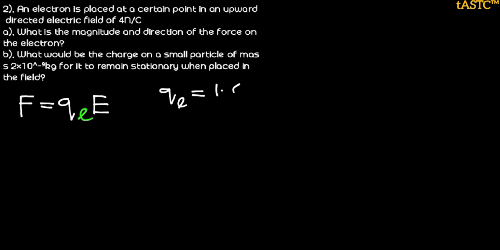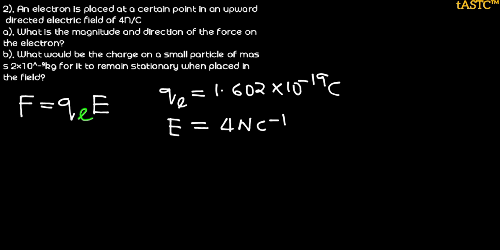That is 1.602 multiplied by 10 to the minus 19 coulombs. And E is equal to 4 Newton per Coulomb. So this force is going to be equal to 4 multiplied by 1.602 multiplied by 10 to the negative 19.